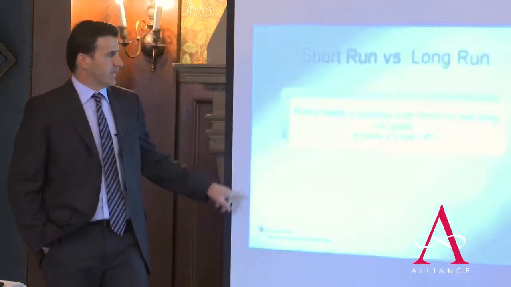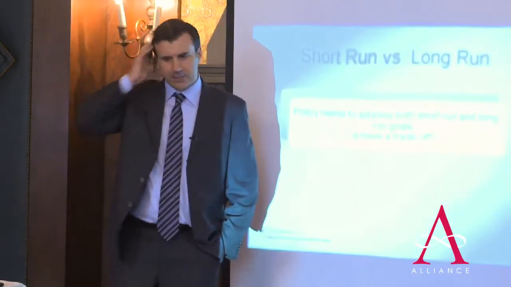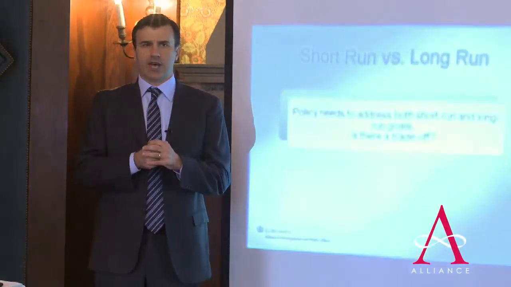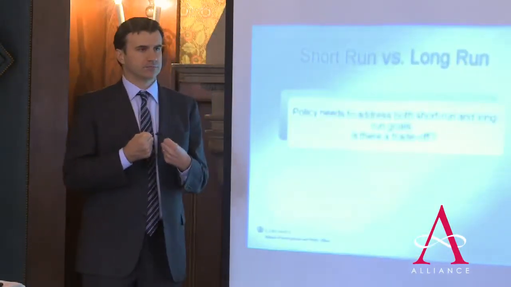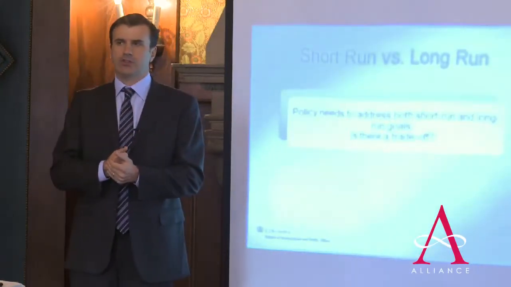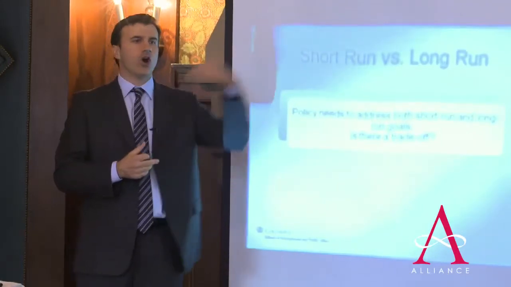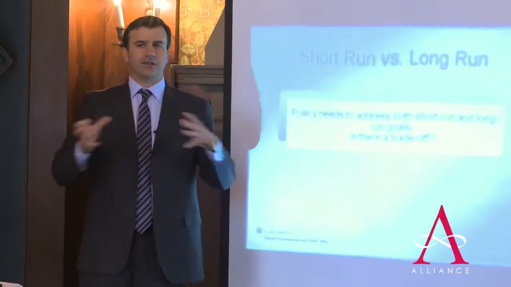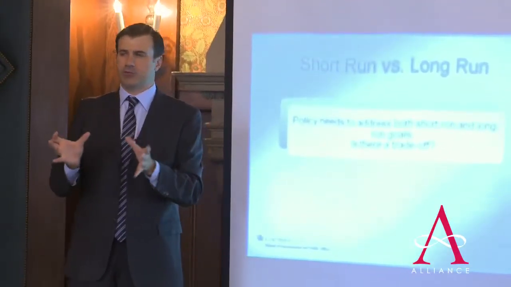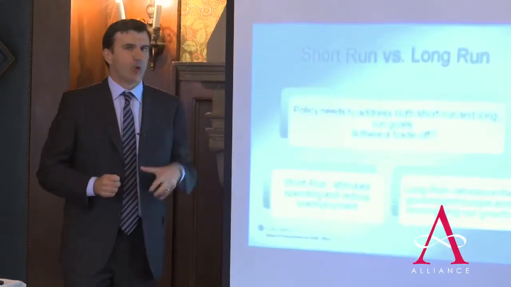So let's take a look at the next slide. And what is actually interesting here, there is an interesting dichotomy between what needs to be done in the short run, like with an urgency, but actually what also needs to be done on what economists call the long run. Okay, so there is a sort of a trade-off. Is there a trade-off between what we need to be doing in the short run, or in the long run?